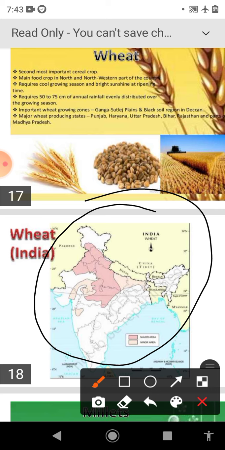Uttar Pradesh, Punjab, and Haryana are the three major producers of wheat. Rajasthan, Madhya Pradesh, Chhattisgarh, Maharashtra, Gujarat, and Andhra Pradesh are the other wheat producing states. Uttar Pradesh has the largest area under wheat cultivation, whereas per hectare yield is highest in Punjab.